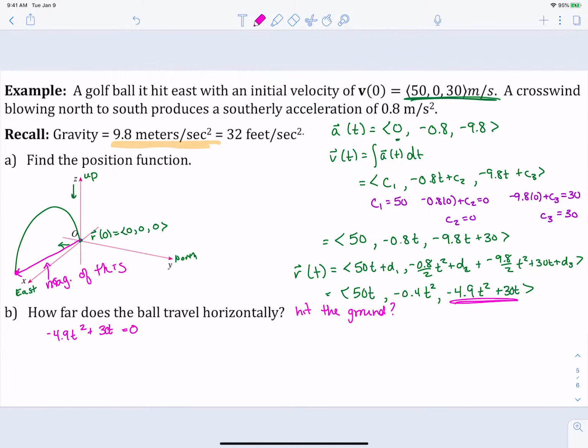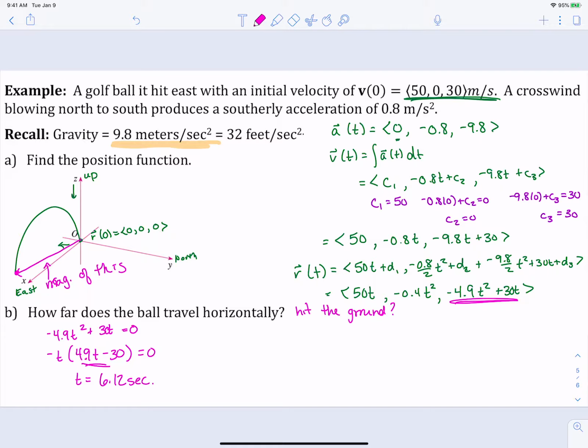We can solve this just like we solved the one on the other page. So we get 4.9t squared minus 30t is equal to 0. If you solve that, you get t is equal to 6.12 seconds. You also get t is equal to 0, but that's when you start, so that's kind of boring.